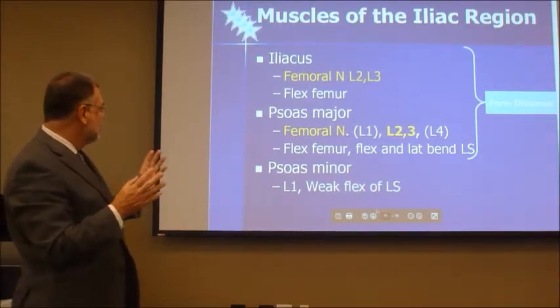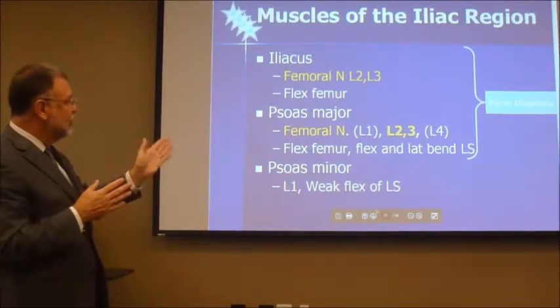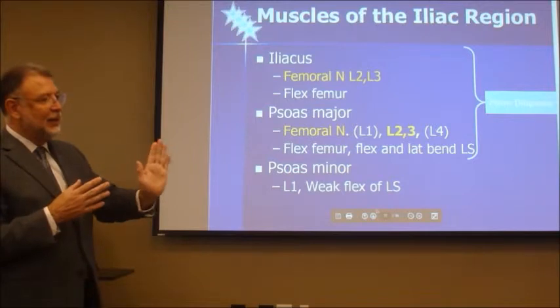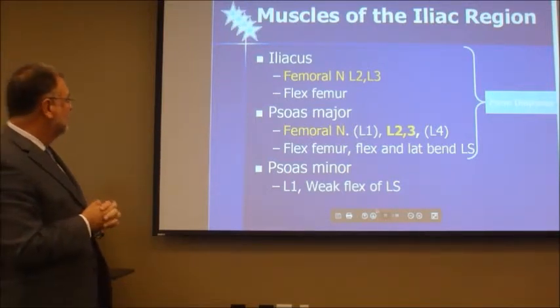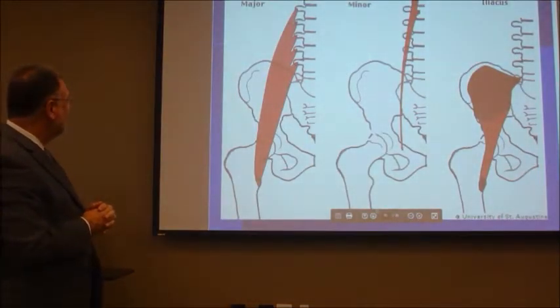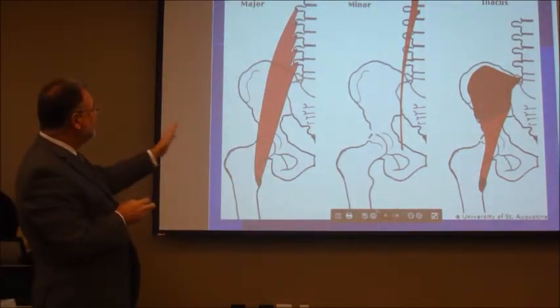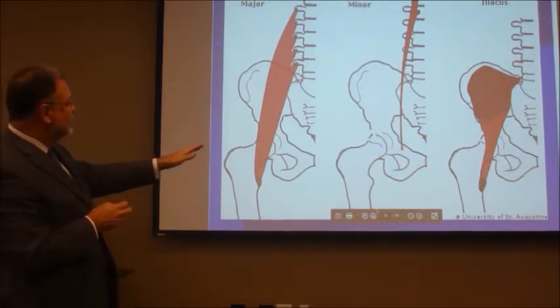Psoas minor is just a weaker muscle that follows the most medial aspect of the spine, following the psoas major. As you can see here, the psoas minor really doesn't go into the lesser trochanter.